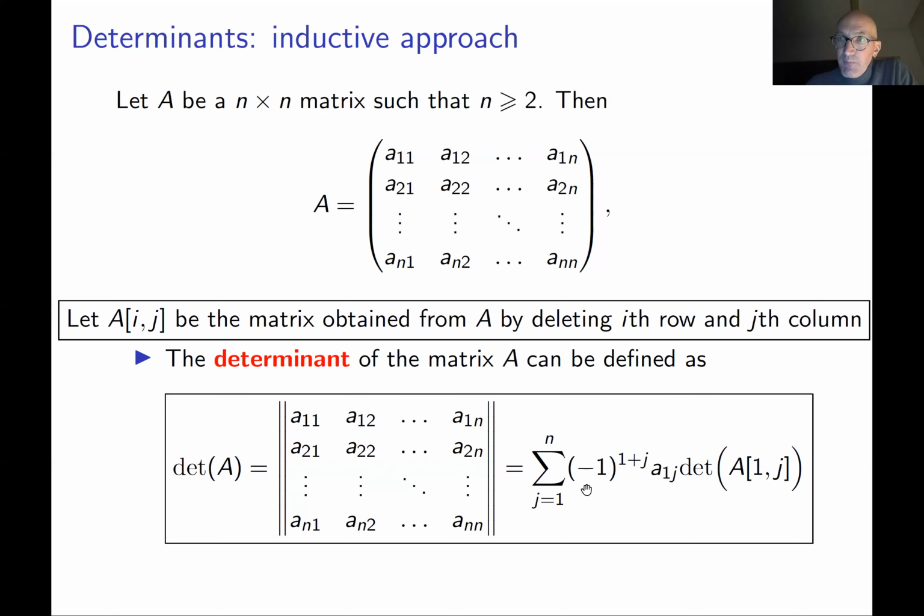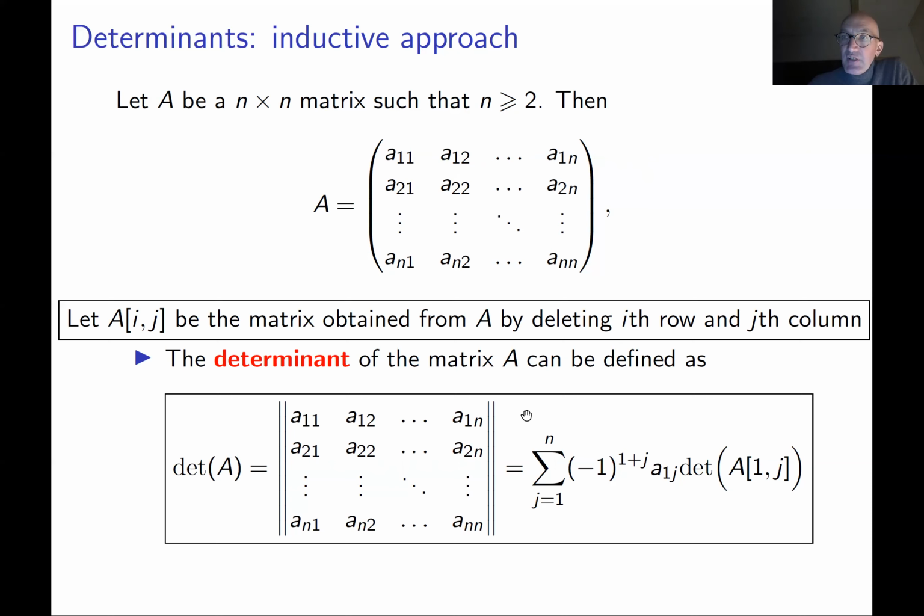You have this sum, similar to the sum on the previous slide, with changing signs, plus minus, starting from 1 to n. So look, first you take a11, and then you multiply it by the determinant of the matrix obtained from A by removing the first column and the first row. Then with a negative sign, you subtract a12 times the determinant of the n-1 times n-1 matrix obtained from A by removing this column and still the first row, and continue.